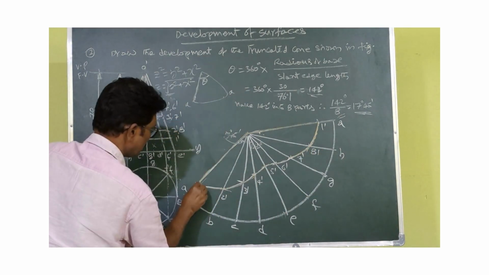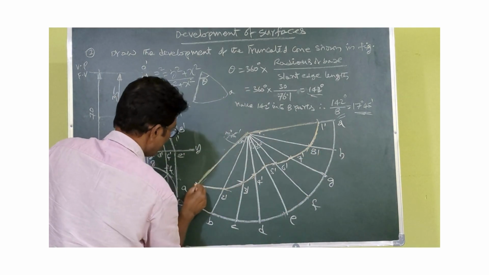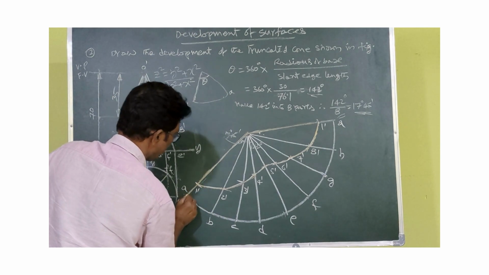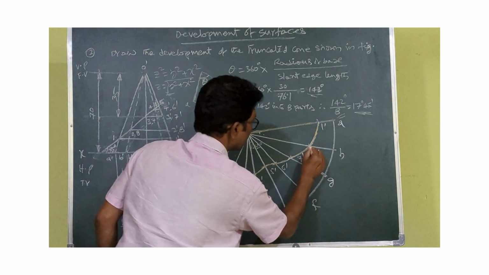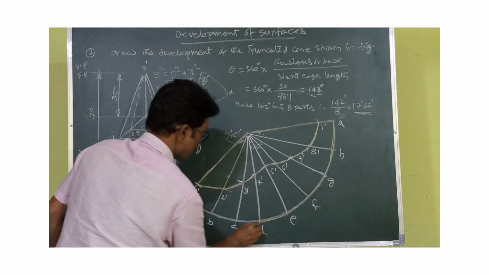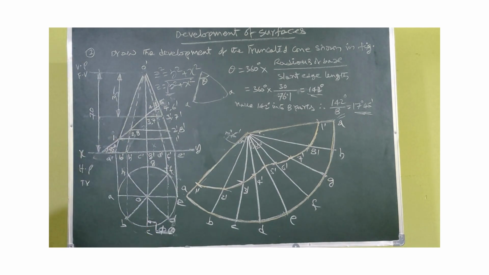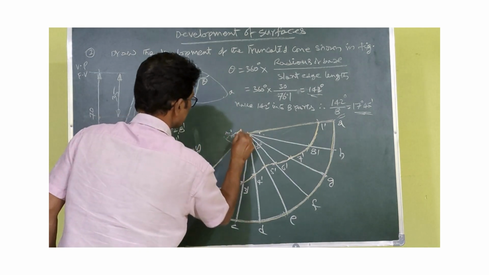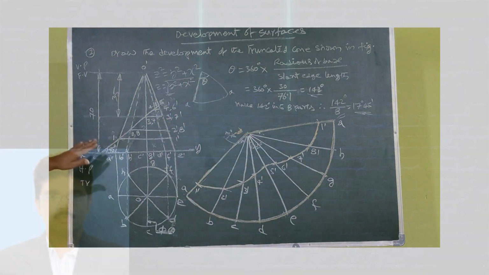Or otherwise, if you want to remove this portion and this is required, you can highlight this one. Like this, we can develop the surface of this truncated cone.